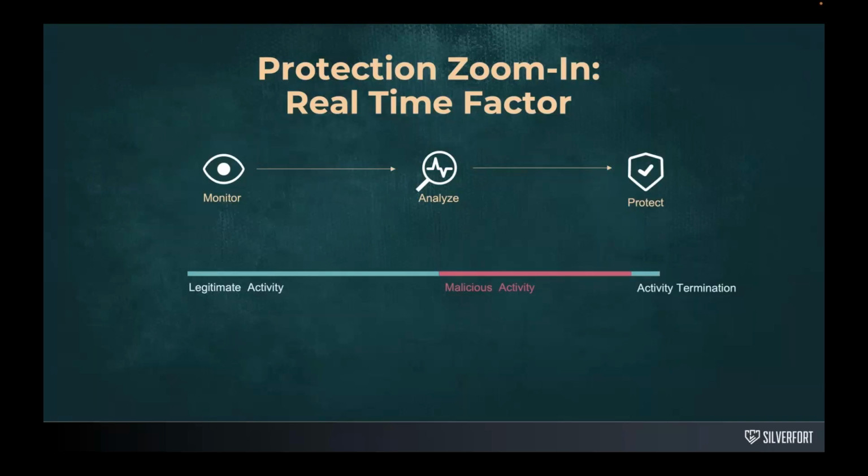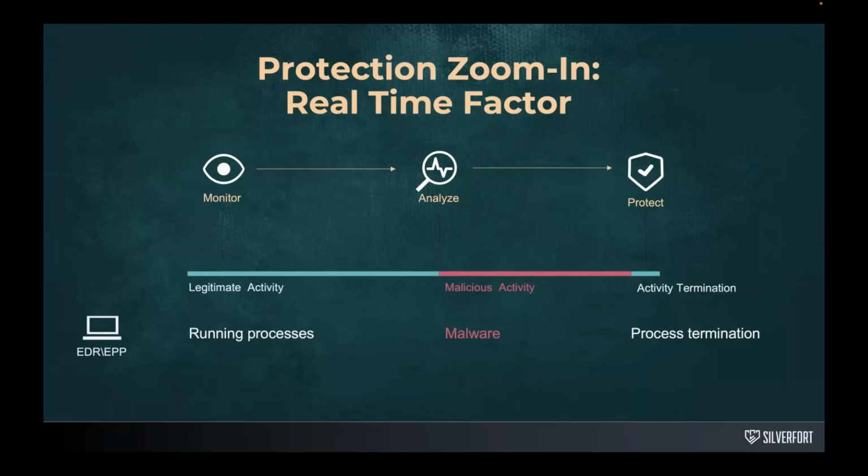So if we're talking about endpoint protection, the legitimate activity that we're talking about is running processes, and the endpoint agent will continuously monitor them, and if it spots any behaviors such as encrypting files or the Word.exe process suddenly calling some operating system functions through Win API, we know that it's malware. And then the activity termination is terminating the process.